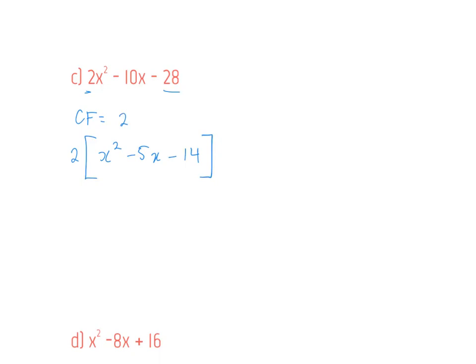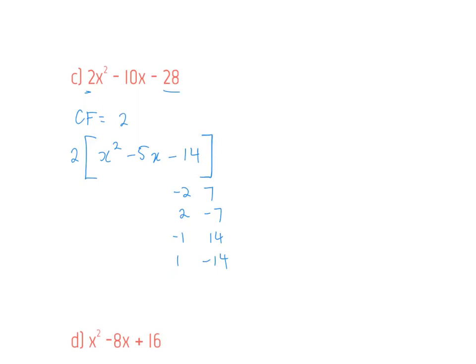I will deal with the 2 later on. Right now I will apply the same rule that I've been applying. Two numbers that multiply to give me minus 14. I could have minus 2 times 7, positive 2 times minus 7, minus 1 times 14, or 1 times minus 14.